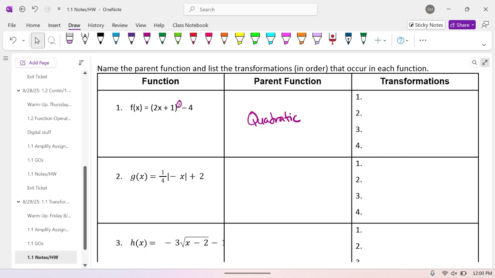So in reality, our horizontal will be a little bit different than what it actually looks like. You'd actually have to divide the 2 out of the parentheses. So this would look like 2 times (x plus 1/2) squared minus 4. The reason I do this is because this assumes that we multiply the 2 in already. It's just a thing that you have to do.